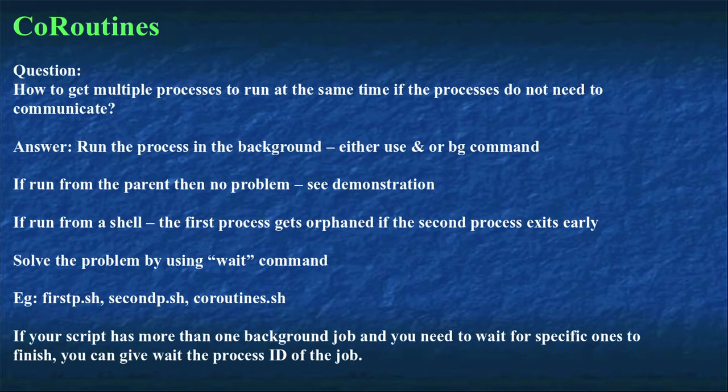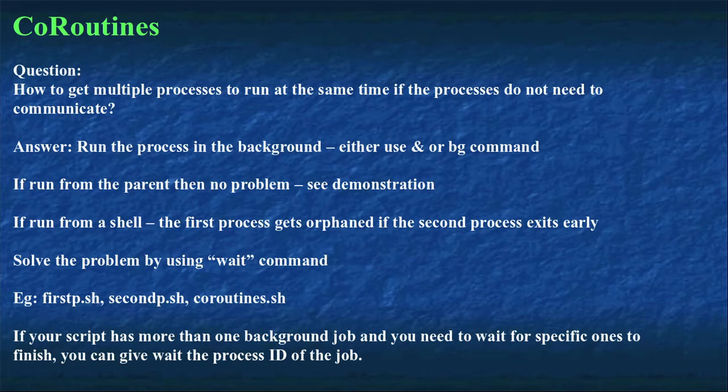How is it possible that your coroutine program has already exited, but the first p.sh is still running? What happens is that the first p.sh will actually get orphaned when the second process exits early. That is why when you type the jobs command, you are not able to see that process.